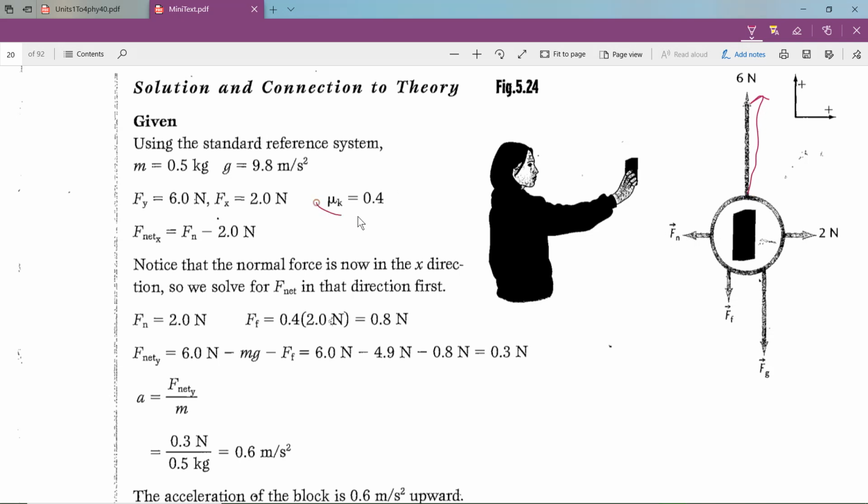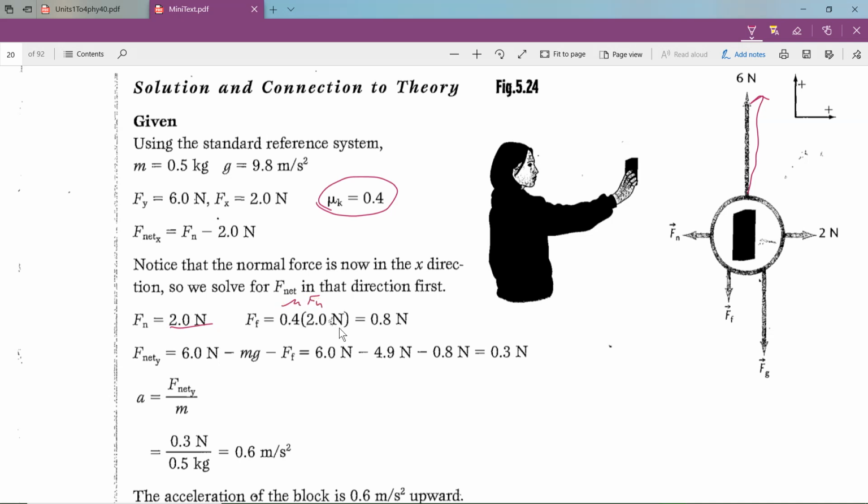You're also given the coefficient of friction, 0.4. Don't worry about the K. Yeah, I know it's moving, so it's 0.4. The mass is 0.5. So in the x direction, well, it's 0. So my normal force is 2 newtons. Okay, and you aren't pulling the chalk brush off the board or shoving it through the board. The force of friction is mu times F normal.